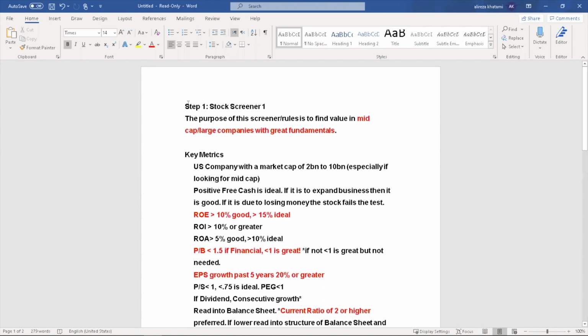So there are many stock screeners. You can do VectorVest, and they do everything for you. But the most important thing is putting in the metrics you're looking for. Even Thinkorswim has screeners for fundamentals. So the first thing, find the screener you like.